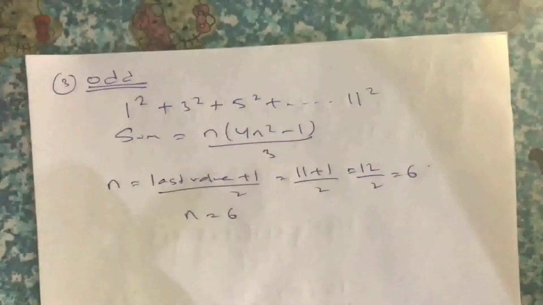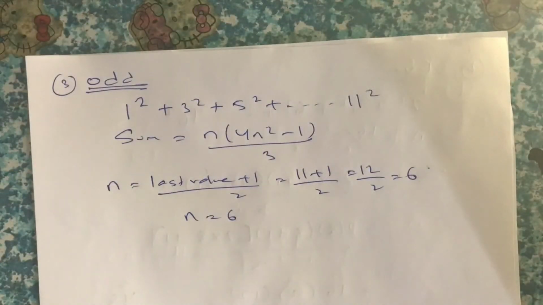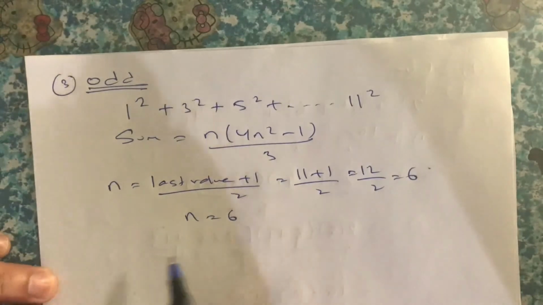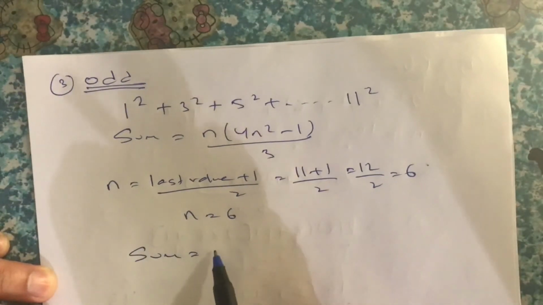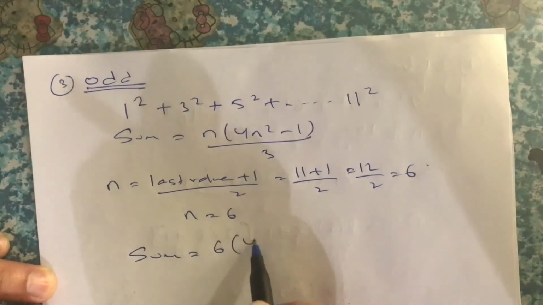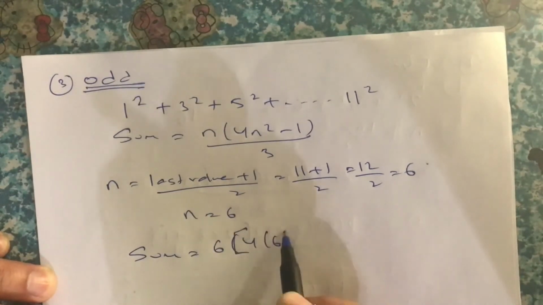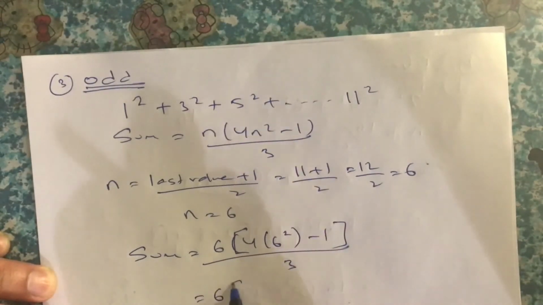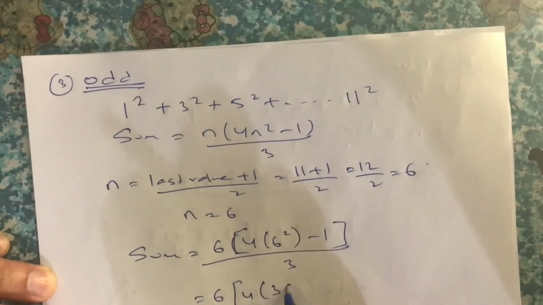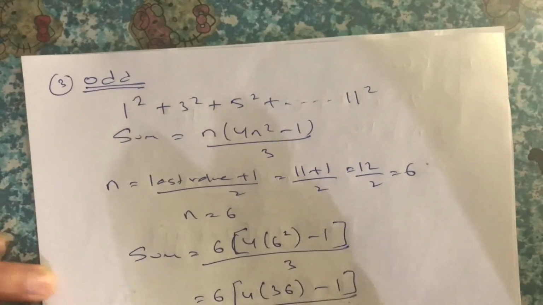Now we go ahead and apply the formula. So the sum is equal to 6 into (4 into 6 square minus 1) divided by 3. So we have 6, and then 4, 6 square is 36, minus 1, and then 3.